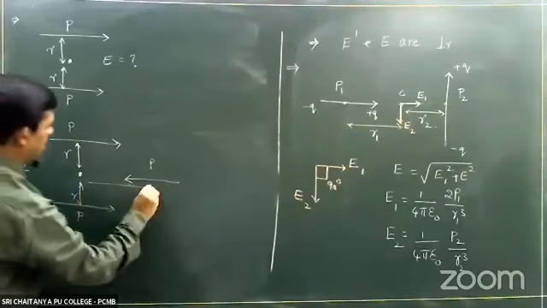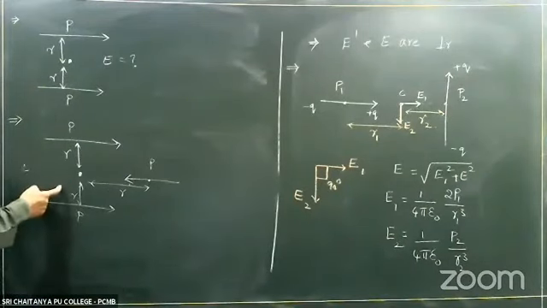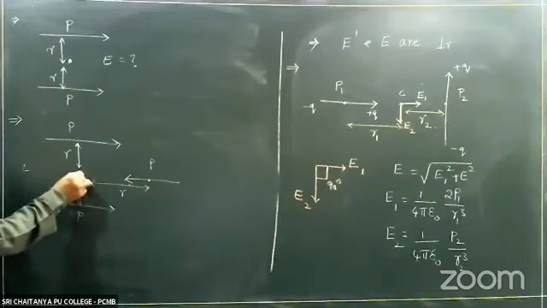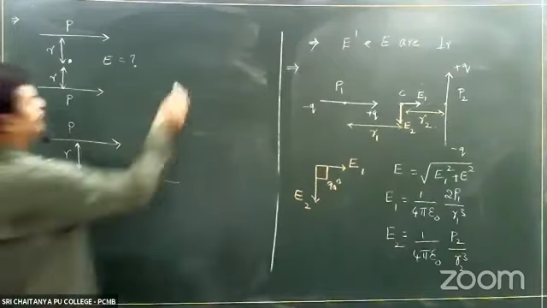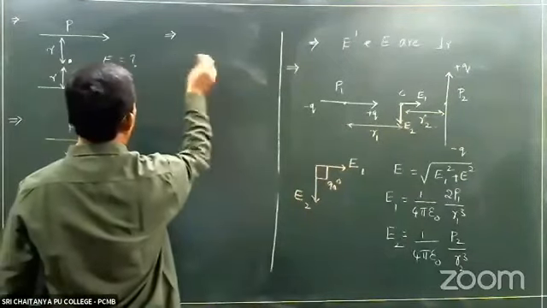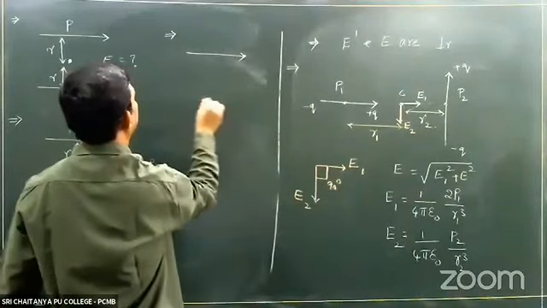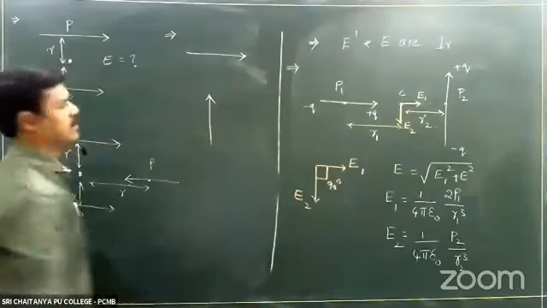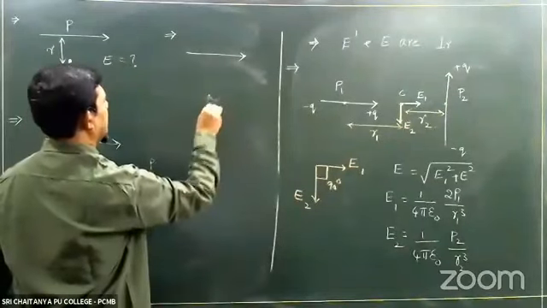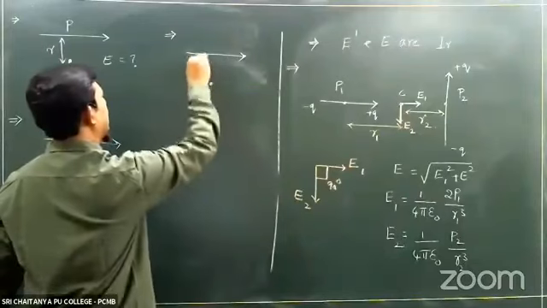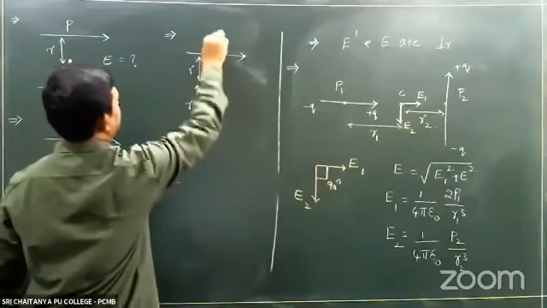All at the distance R. What is the intensity at this point? Next, this is one dipole, another dipole, and another dipole, and this is a point at the same distance.